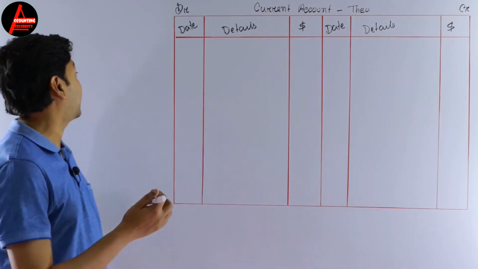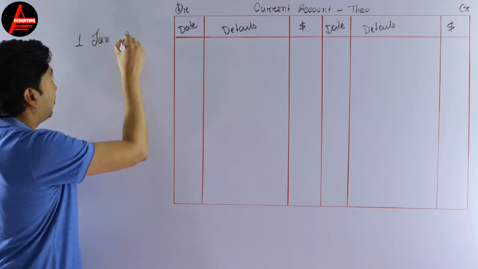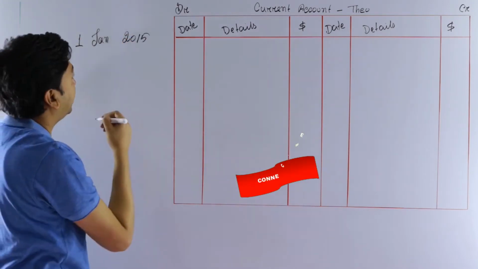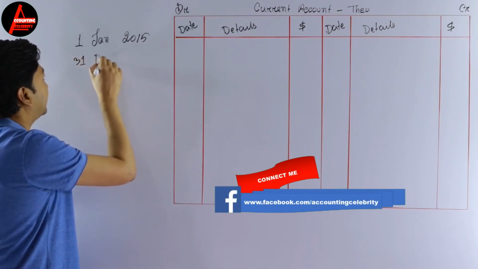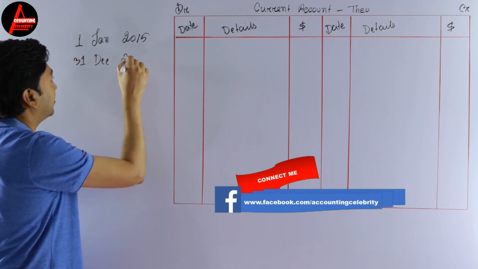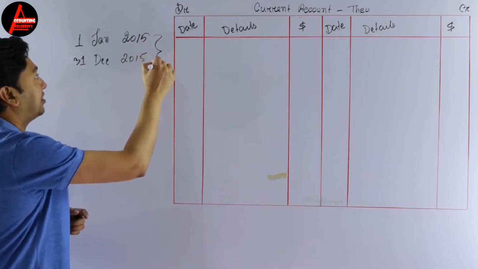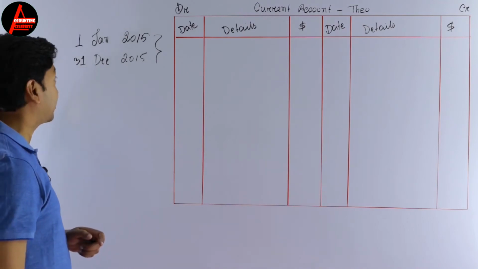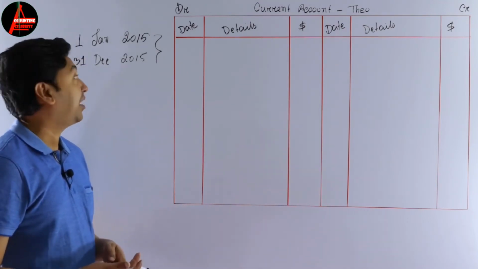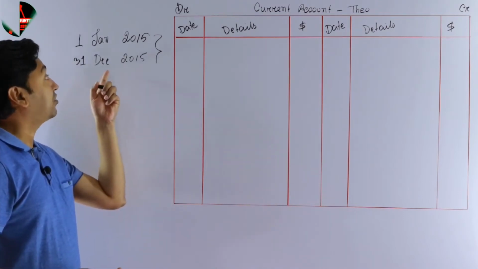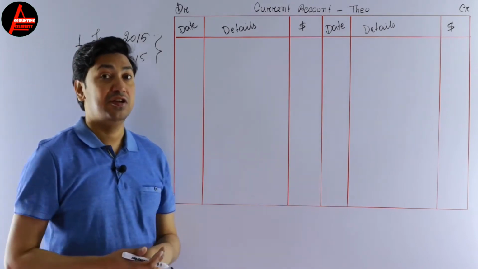The business started on 1st January 2015 and the year ended on 31st December 2015. This is the accounting period for this partnership business, so we are required to bring down the balance on 1st January 2016, meaning the next accounting period.